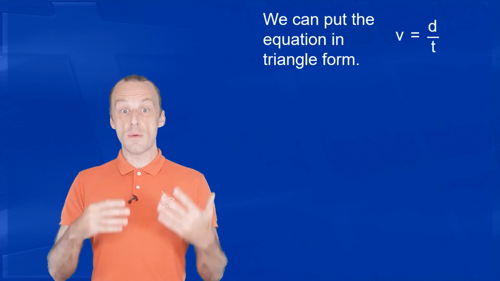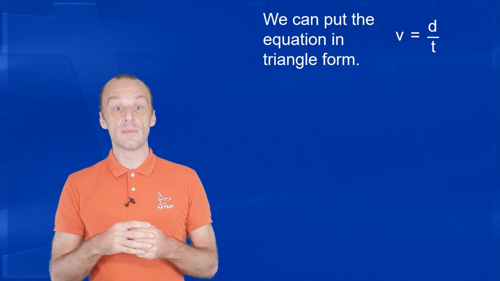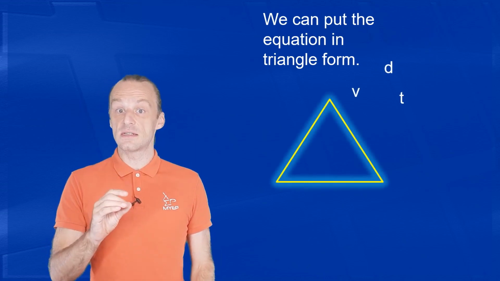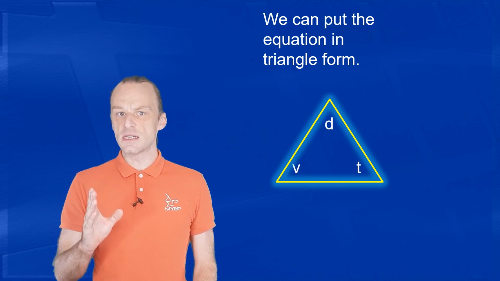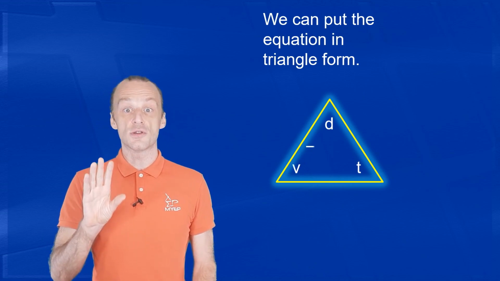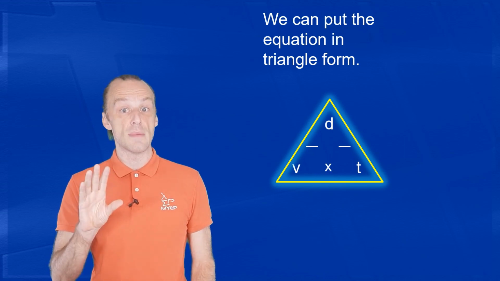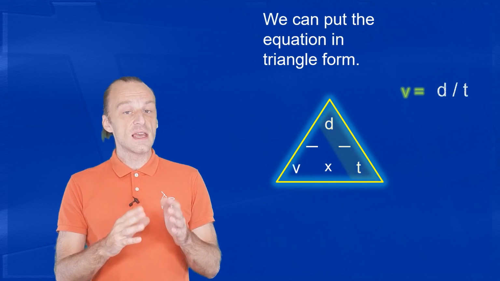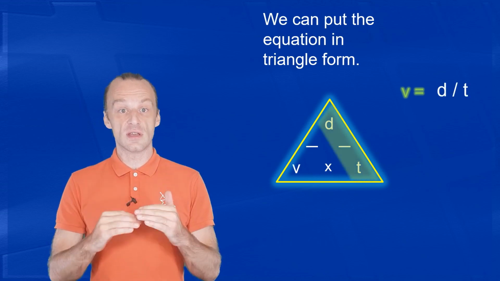Three-number equations like this can also be easier to remember in triangle form. Take a triangle and the three letters go in like this. You can see here that distance is at the top of the triangle. That is important because the triangle also helps us to remember the relationship. We can see that speed v equals distance over time.